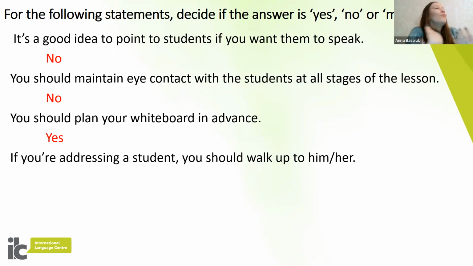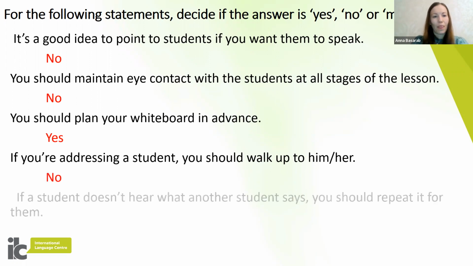It's enough just to turn around and maintain eye contact and see if that student you're addressing is looking at you. Also, you would always use your student's name, and your student will know if you're talking to him or her.